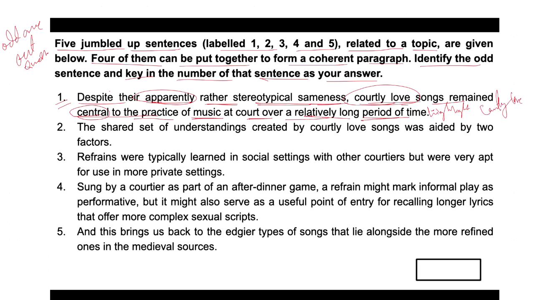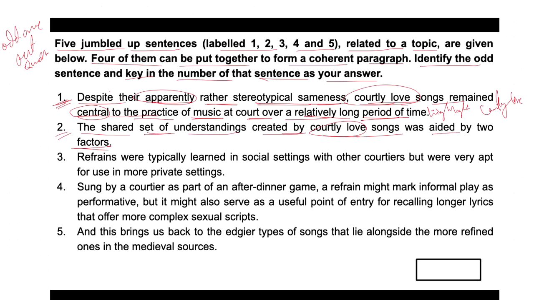The second sentence said, the shared set of understandings created by courtly love songs was supported by two factors. Now, sentence two does what? It is nothing but introducing, right?